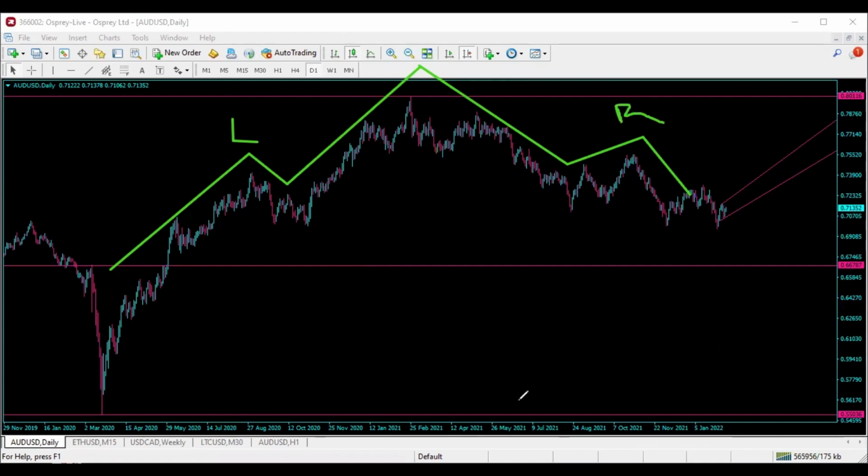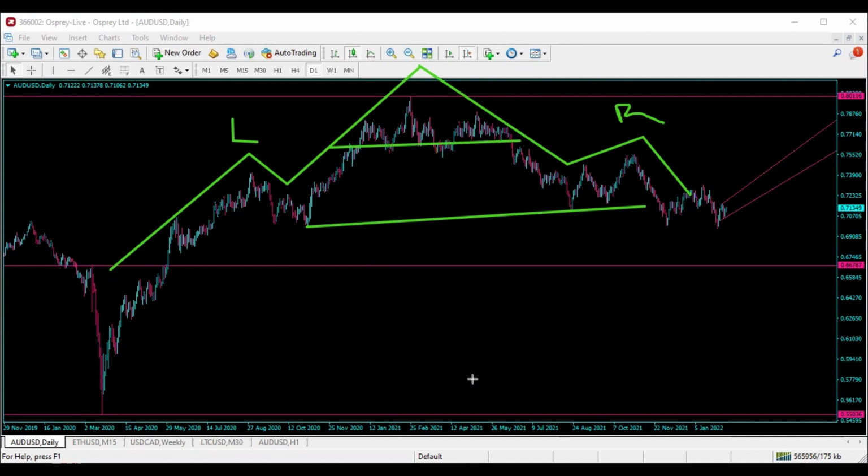Now, other educators or gurus, I would say, will say that this here is the neckline. Which is stupid because if you're talking about a head, the neckline would be up on the head, not across the shoulders.